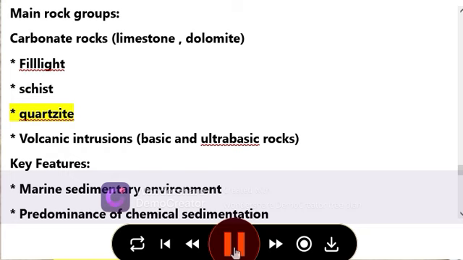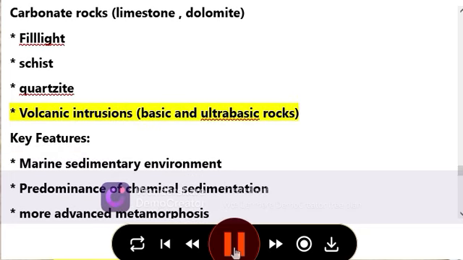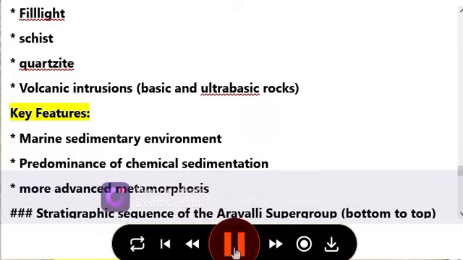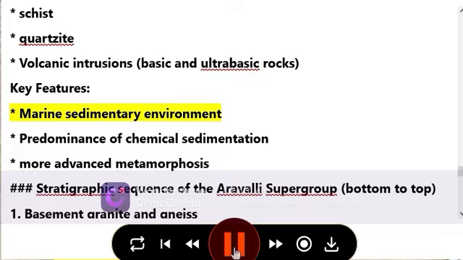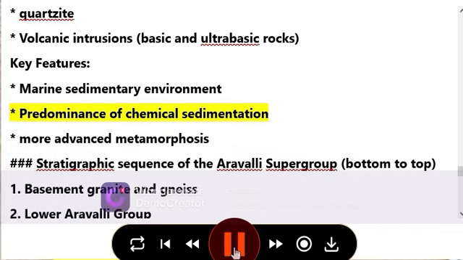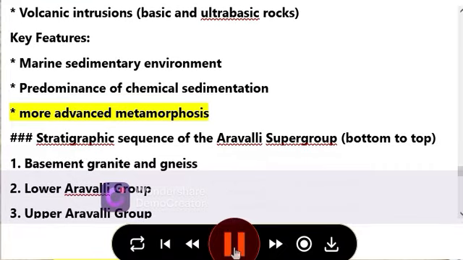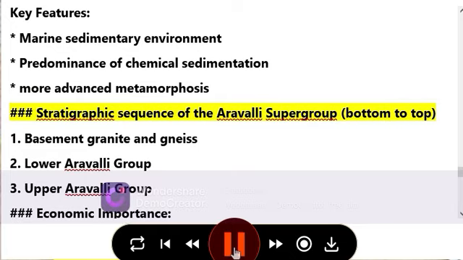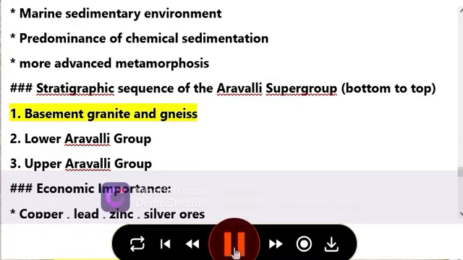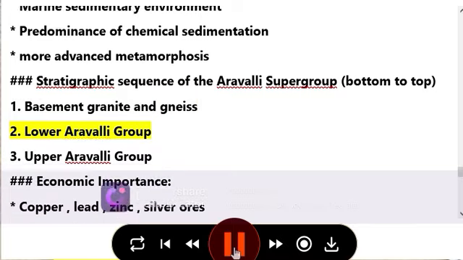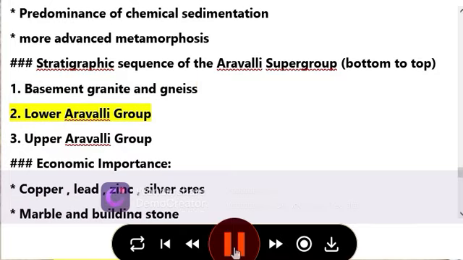Main rock groups: carbonate rocks, limestone, dolomite, phyllite, schist, quartzite, volcanic intrusions, basic and ultrabasic rocks. Key features: marine sedimentary environment, predominance of chemical sedimentation, more advanced metamorphism.